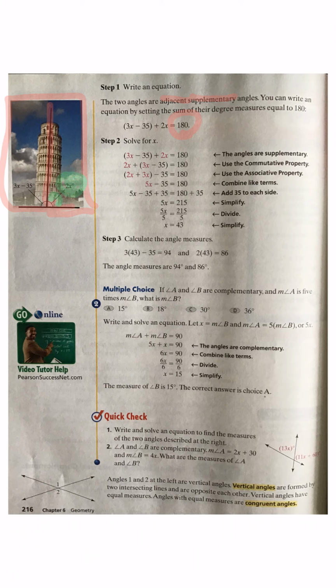And this angle is going to be equal to 3x minus 35 degrees. So therefore we can set up the equation because we know that this one plus this one is equal to 180. So you can see the equation they set here.